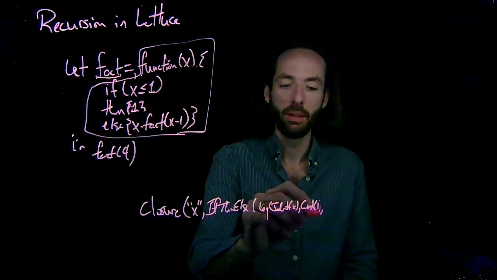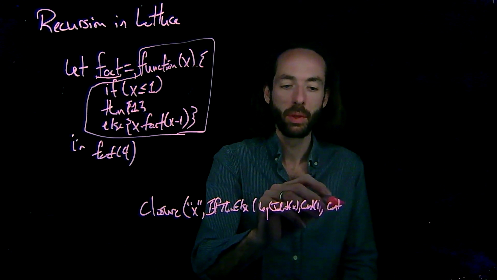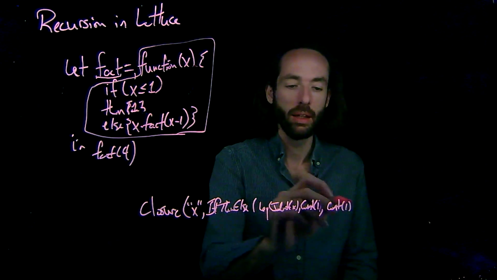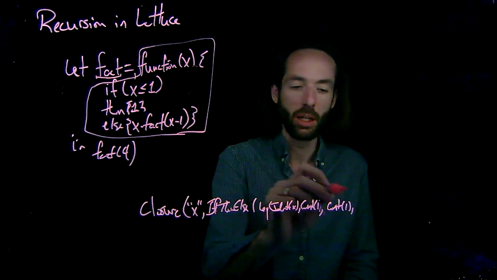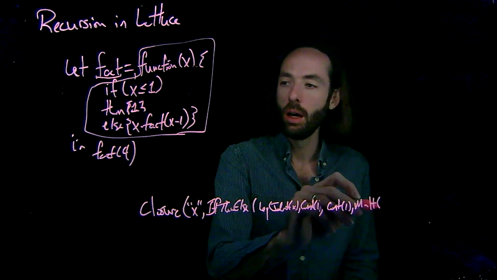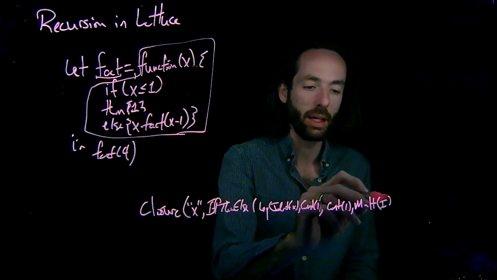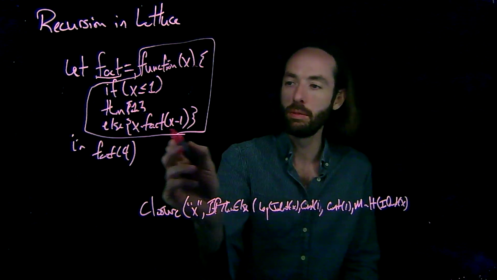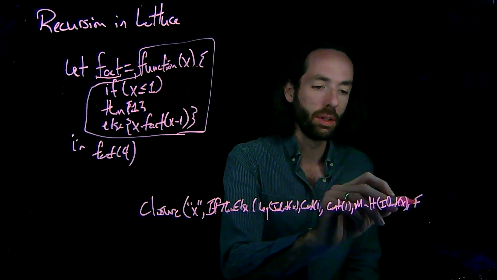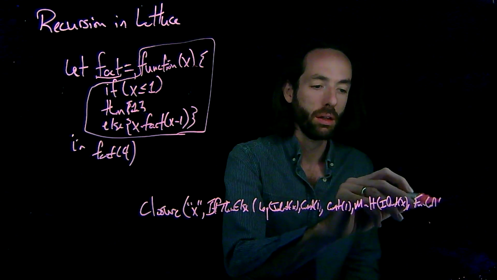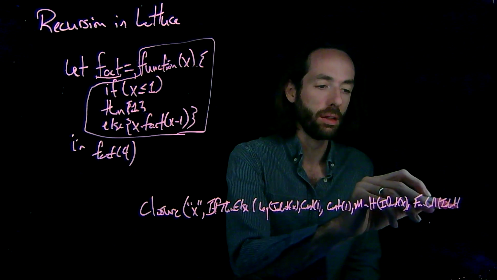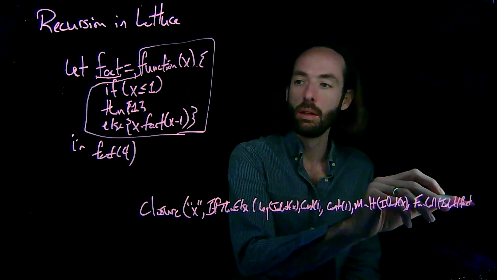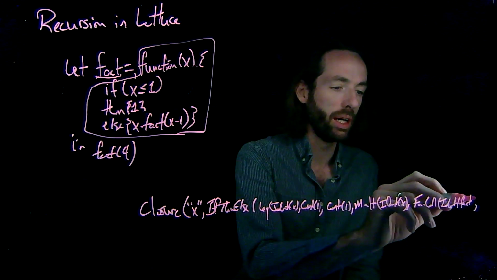Then we have the then, which is just going to be const 1. And then we have the else, which is going to be a mult of ident x, and then this function call, fun call on ident fact, comma, x minus 1, ident x.